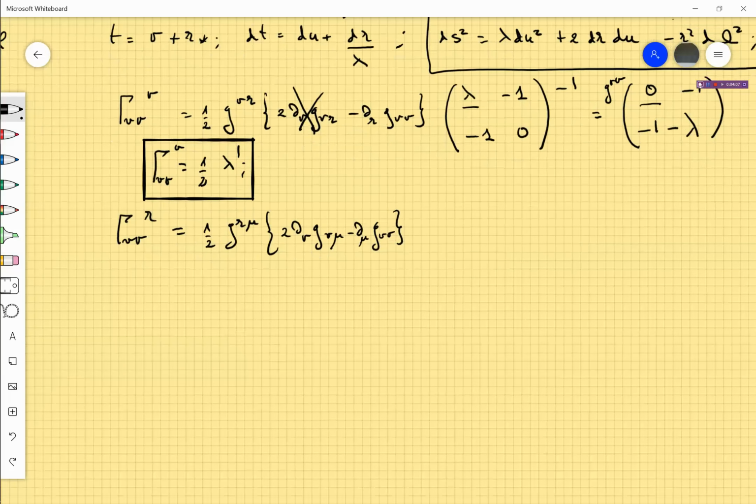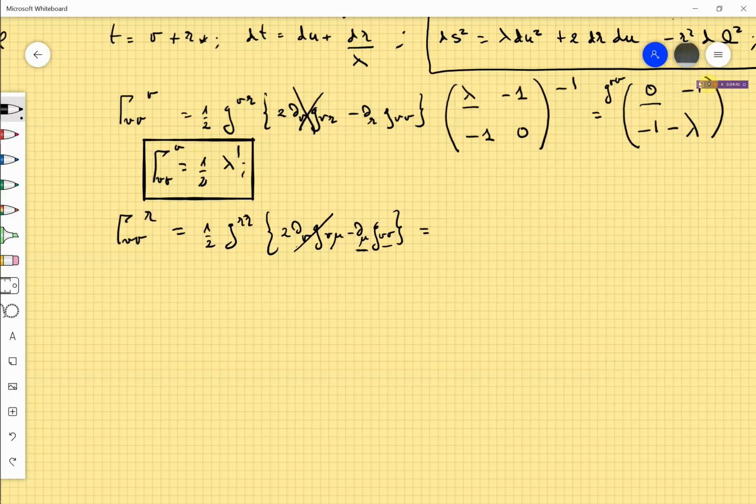The only possibility that will give you something different from 0 is GRR, so mu has to be R, because the other possibility is GRV, but if this is V, basically nothing depends on v, so this is going to vanish, and GVV is a function of r only, so the only possibility is that this is GRR.